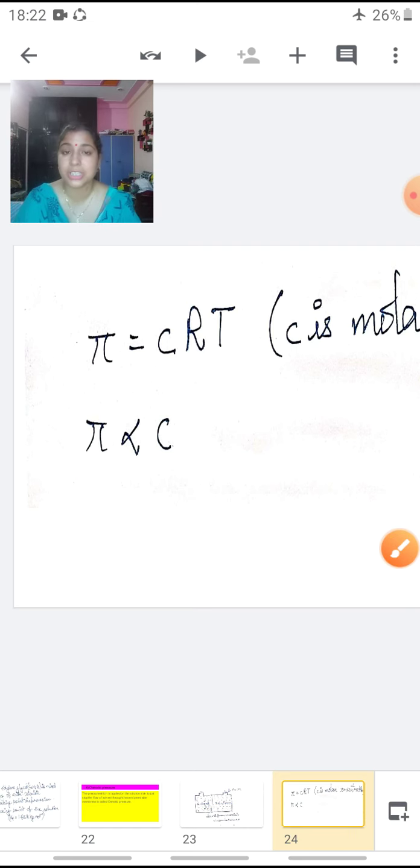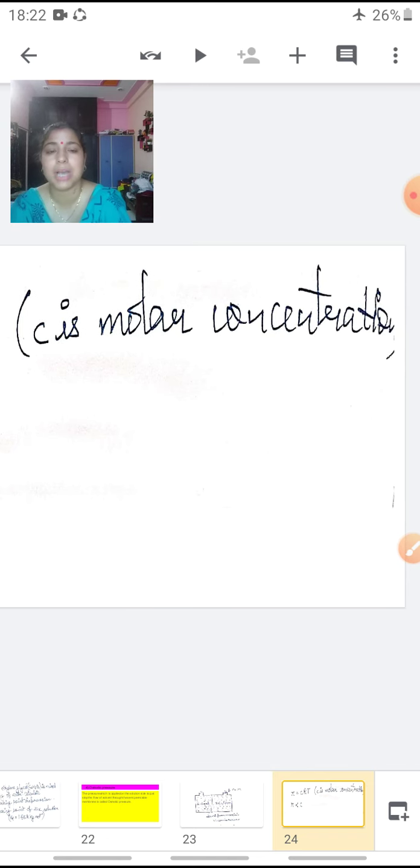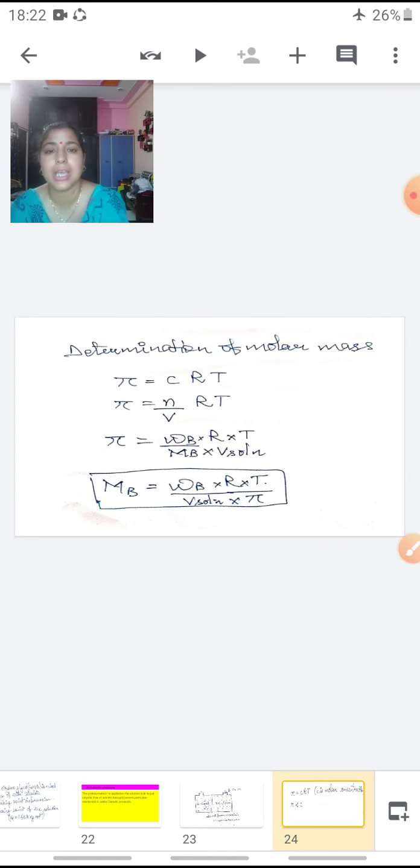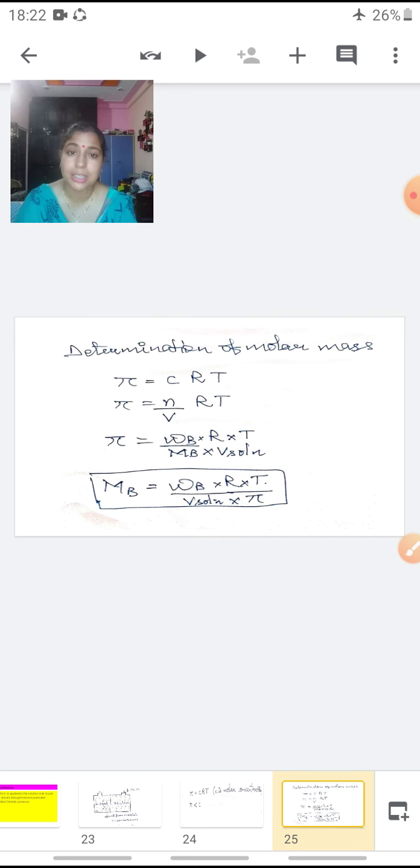Now, what do we do with the help of colligative properties? We determine the molar mass of the non-volatile solute. How to determine? Expanding C, that is molarity, we get n upon V into R into T. Now, expanding n, the number of moles, gives WB upon MB into volume of solution in liters.